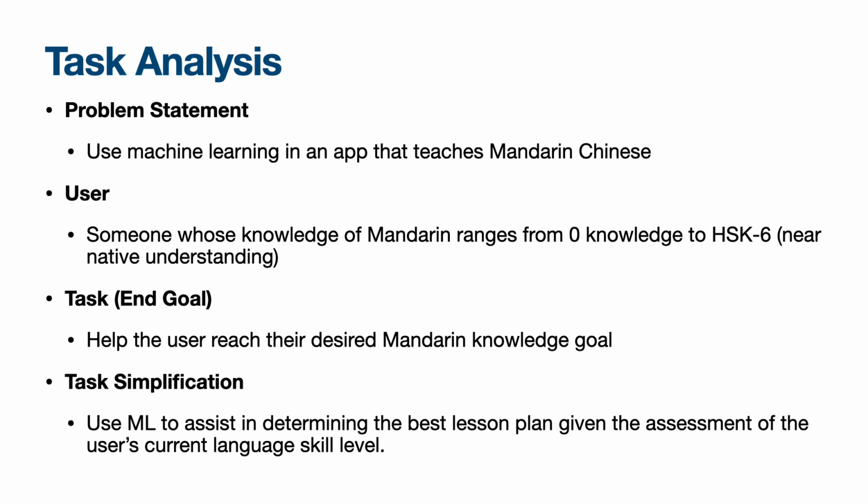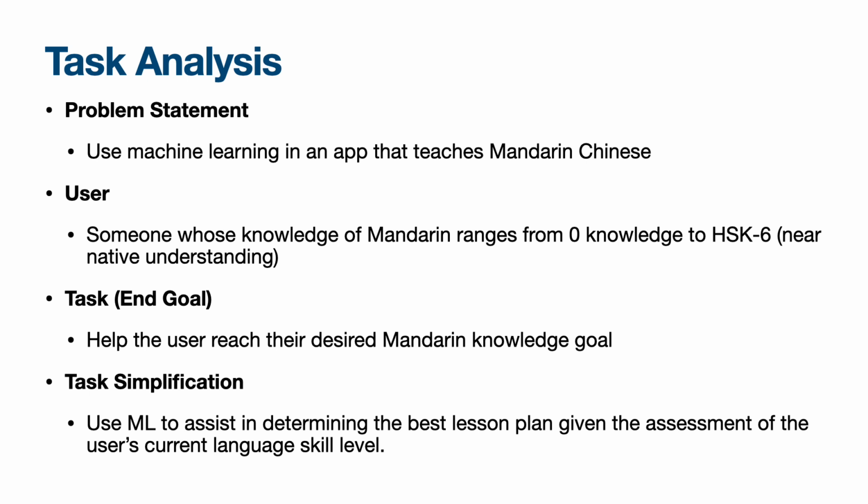The task analysis. I'm going to build an app that helps teach people Mandarin Chinese, and I'm going to use machine learning to help optimize this training. The user can be pretty much anyone, someone who knows no Mandarin Chinese, or someone who is near native understanding and just wants to improve their language skills.